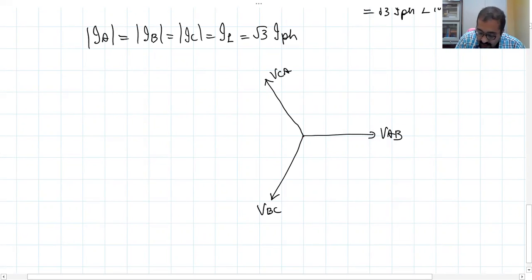Okay, let us take a lagging load. Say IAB, okay, this is φ, right? Similarly, this is IBC, lagging by an angle φ. Similarly, this is ICA, lagging by an angle φ.